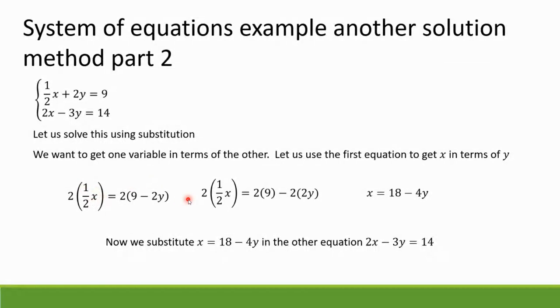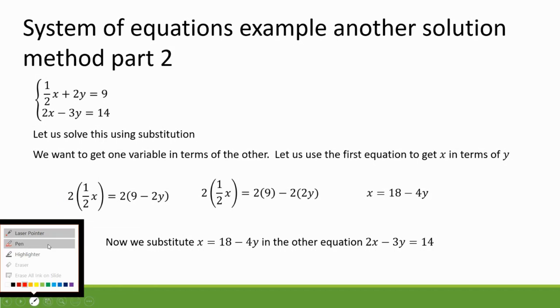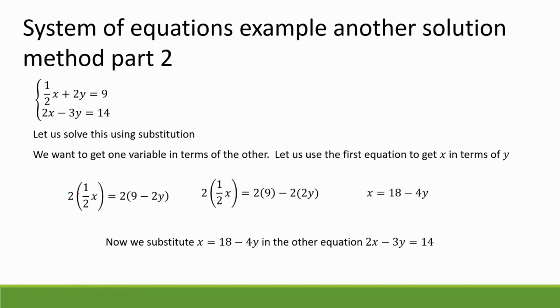Right? Because basically you want the coefficient of x here to be 1. And by multiplying both sides by 2, that's what's going to happen. See? I multiply. The 2's here go bye-bye. This 2 distributes, as you can see.